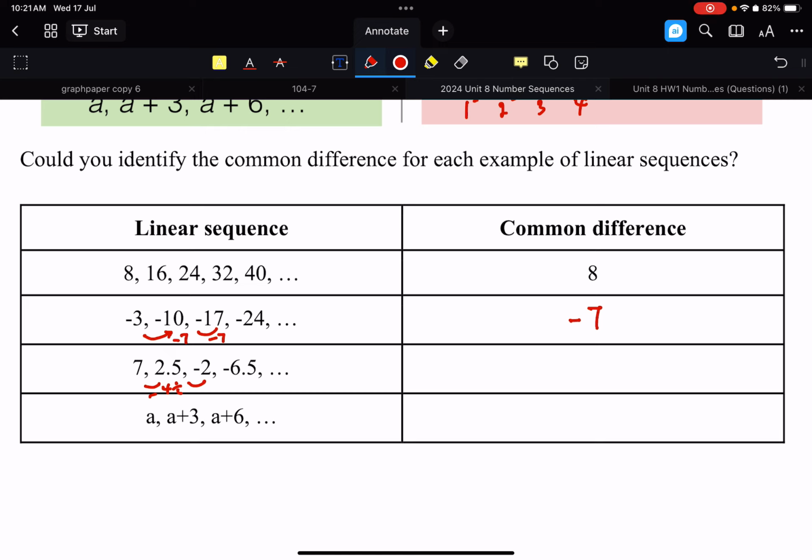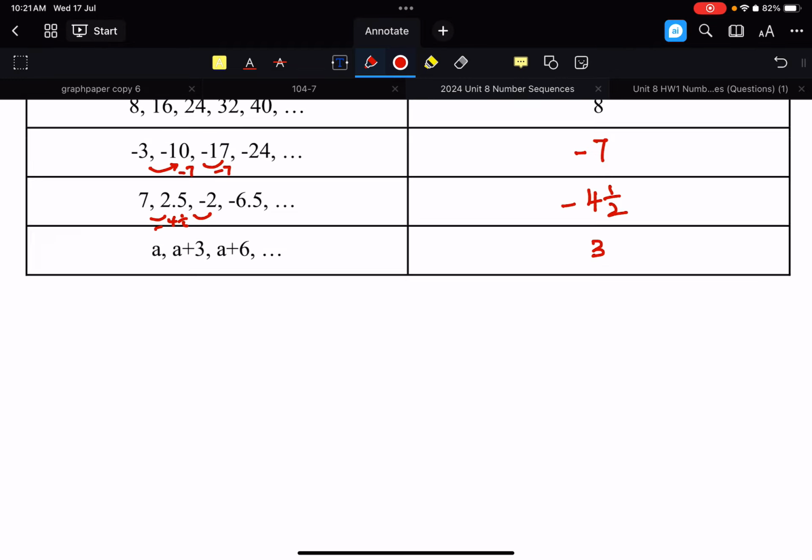It seems to make sense. So in this case, the difference is -4.5. Over here, we can see that the difference is just 3, adding 3. So these are the common differences. As you can see, they can be integers, negative numbers, even decimals, and algebraic expressions. They do work, okay?